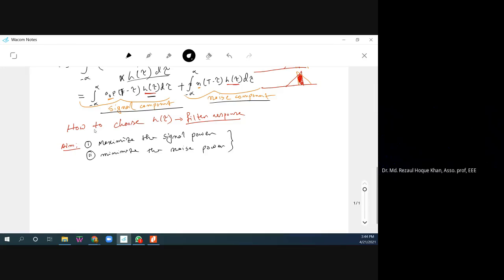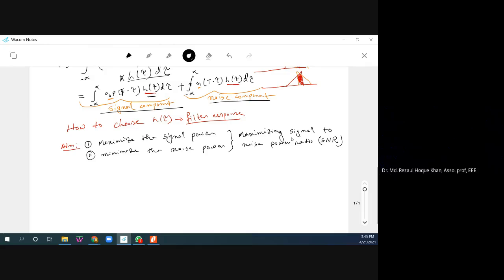Ultimately, if I increase the signal power and minimize the noise power, what am I doing? I'm maximizing the signal to noise power ratio, SNR.